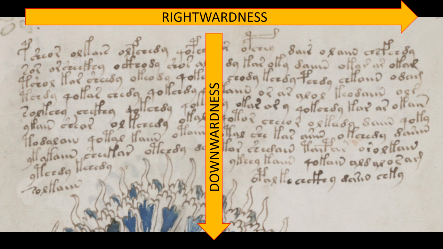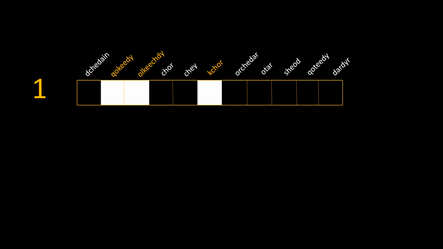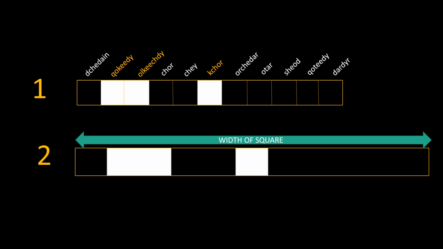The approach I've settled on for simultaneously visualizing rightwardness and downwardness entails, first, generating a row of pixels for each line of text, with a bright pixel representing each token of the target element, and a dark pixel representing anything else. Second, stretching the row horizontally to the width of a square.